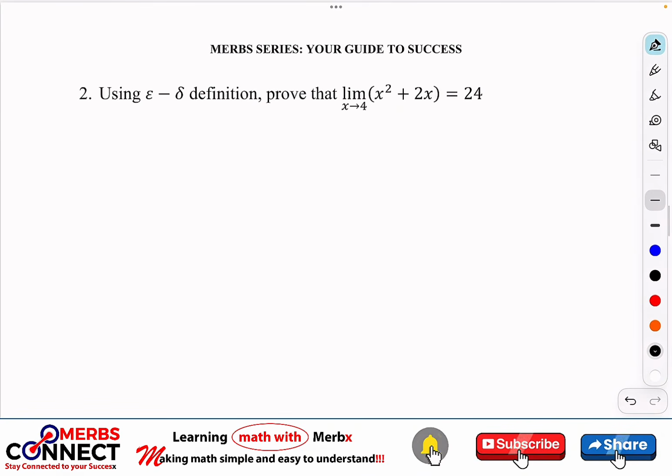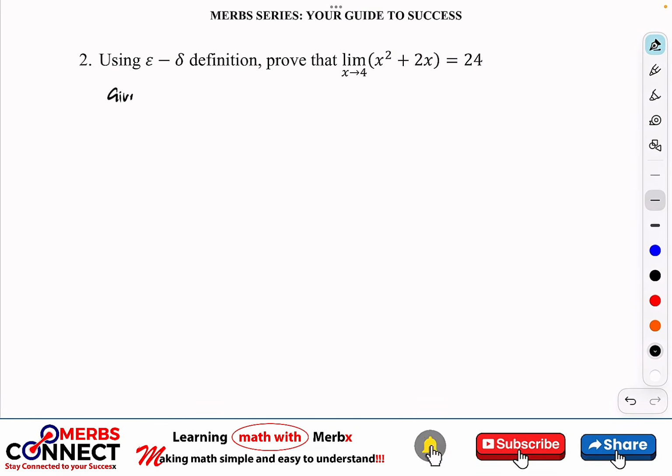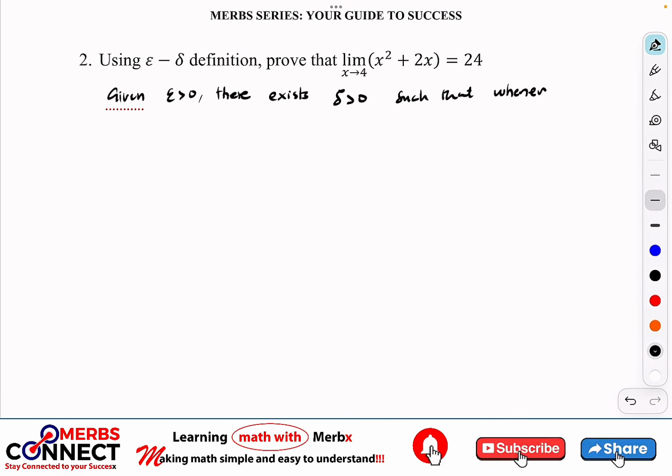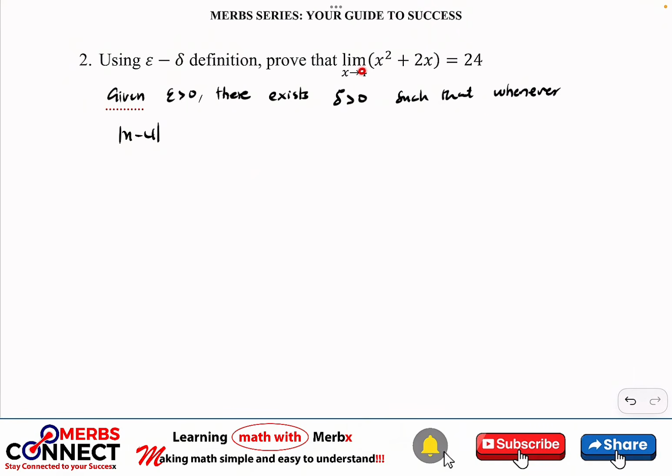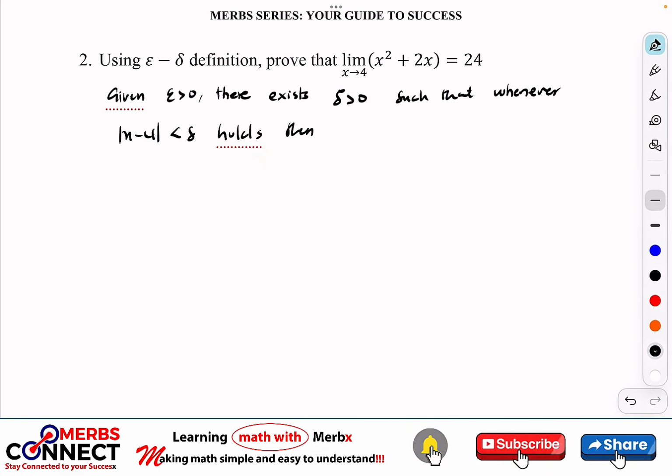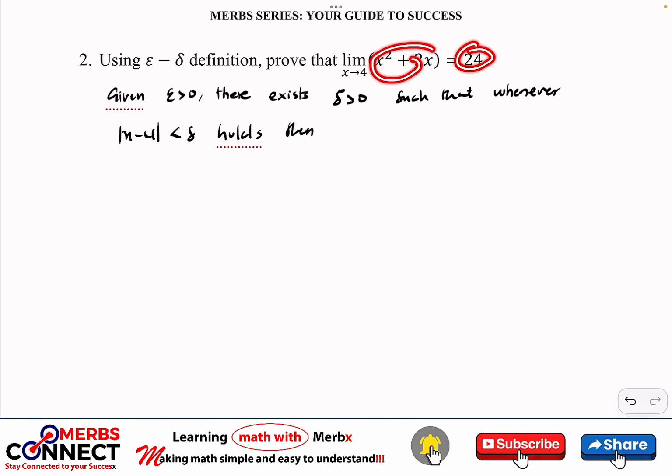So we go again, given epsilon greater than 0, there is delta greater than 0 such that whenever, so we need to have this definition in our head, whenever absolute of x minus 4, so I'm picking the distance between this one here, is less than delta holds, then the distance between this and this is less than epsilon.